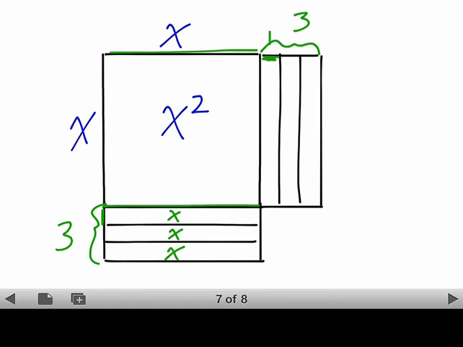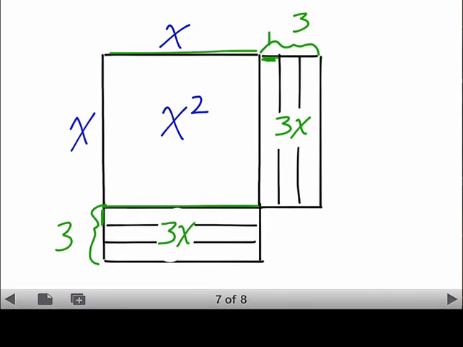In other words, we have a group of rectangles that have a combined area of 3x. Likewise on the right-hand side, 3 rectangles, each having an area of x, will have a combined area of 3x. So right now this figure has a combined area of x squared plus 3x plus 3x, or x squared plus 6x.